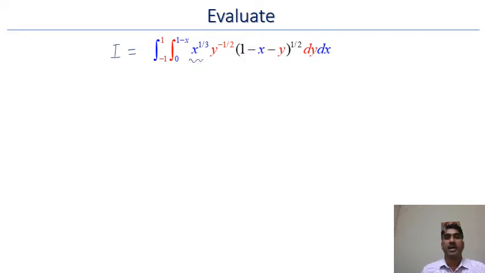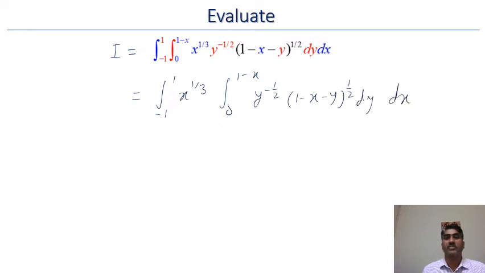So let us write the integral as integral from minus 1 to 1 of x to the power 1 by 3, times integral from 0 to 1 minus x of y to the power minus half, (1 minus x minus y) to the power half, dy dx. What I am planning to do is let this inner integral be I1.